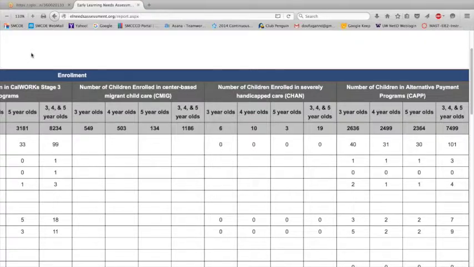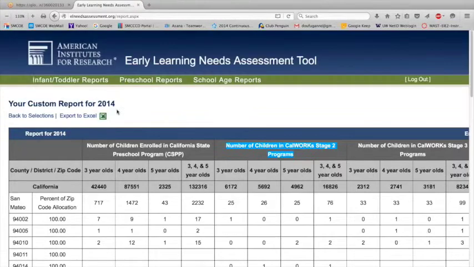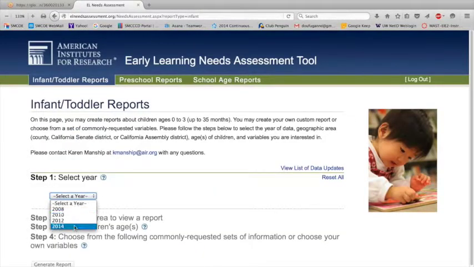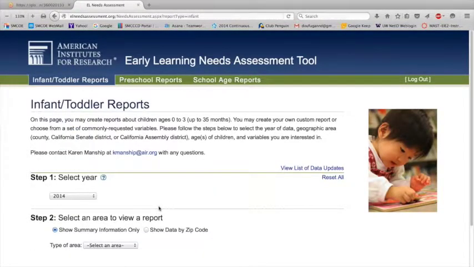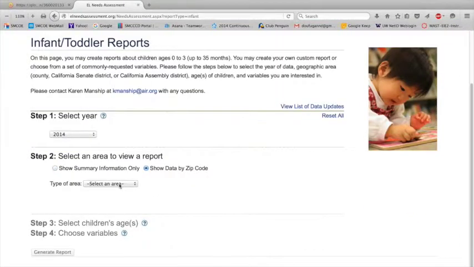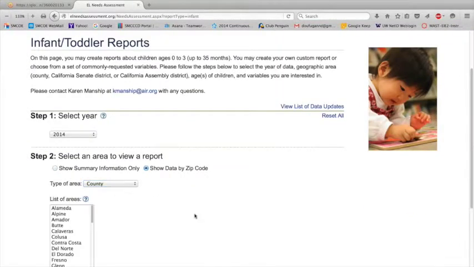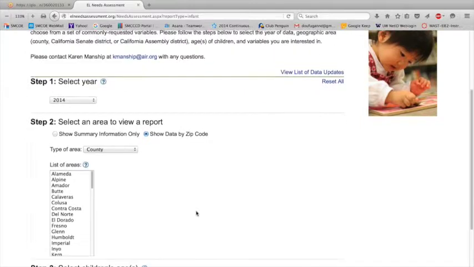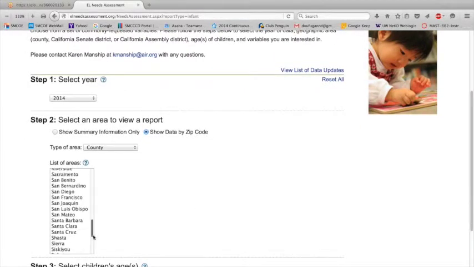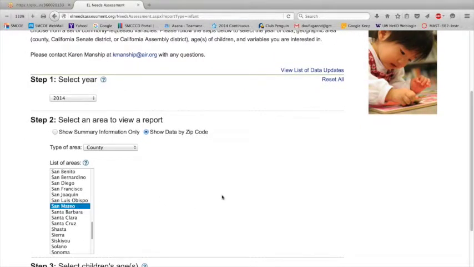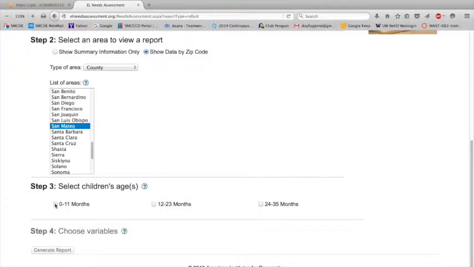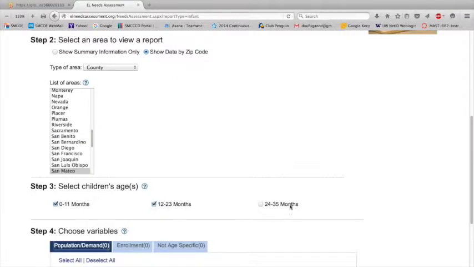Okay, so if we go back to the data browser and you were going to want to look at infants and toddlers, it's the same basic process, just what you're collecting will look a little different. Again, picking a county. I would choose all the age groups.